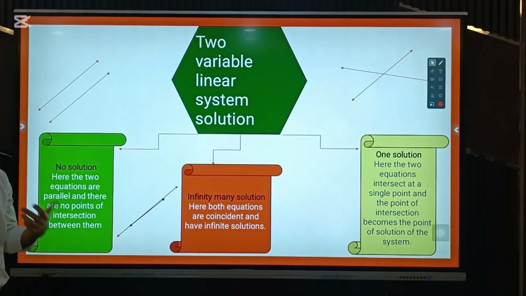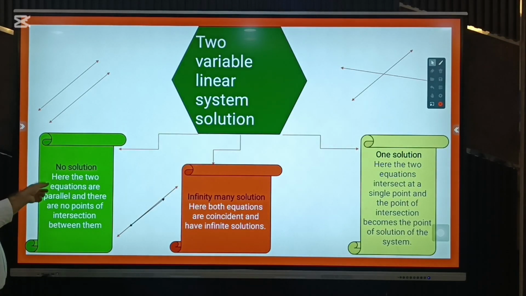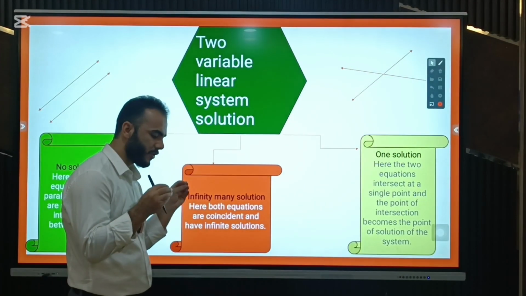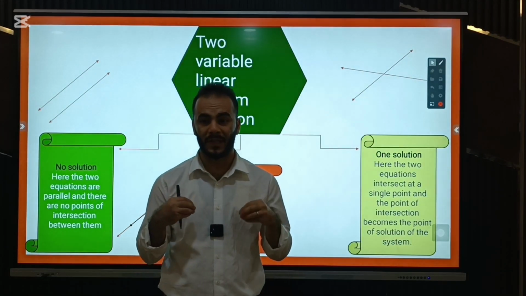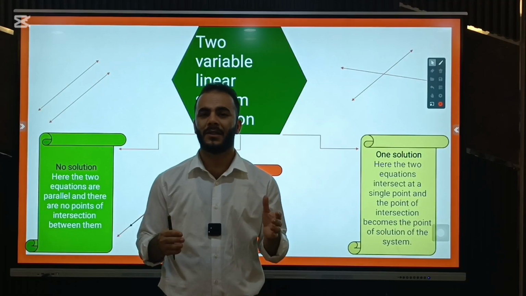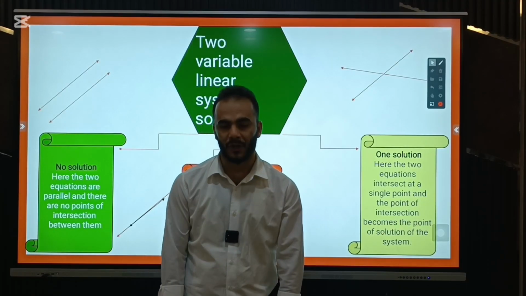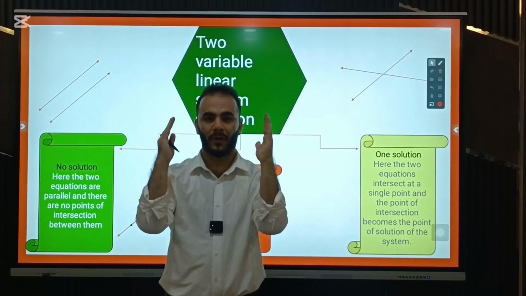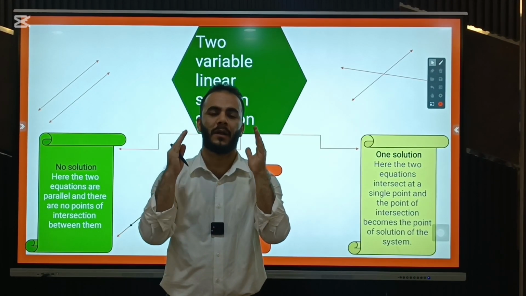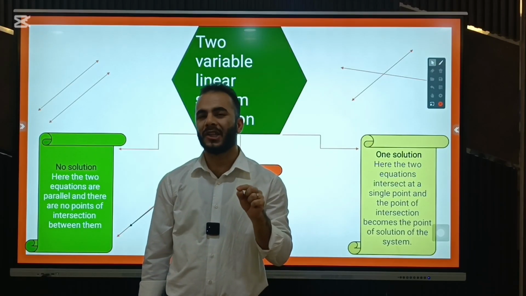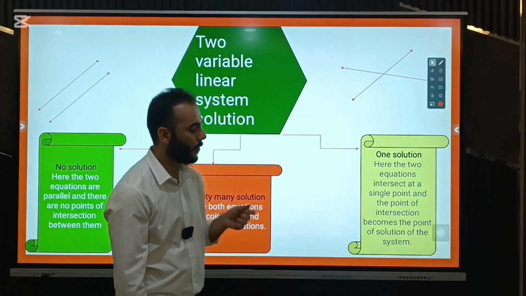When the two equations are parallel to each other, in that case there won't be any solution for our system because they will never intersect each other. Parallel lines will never ever reach each other. That's why we don't have any solution for a system whose equations are parallel.